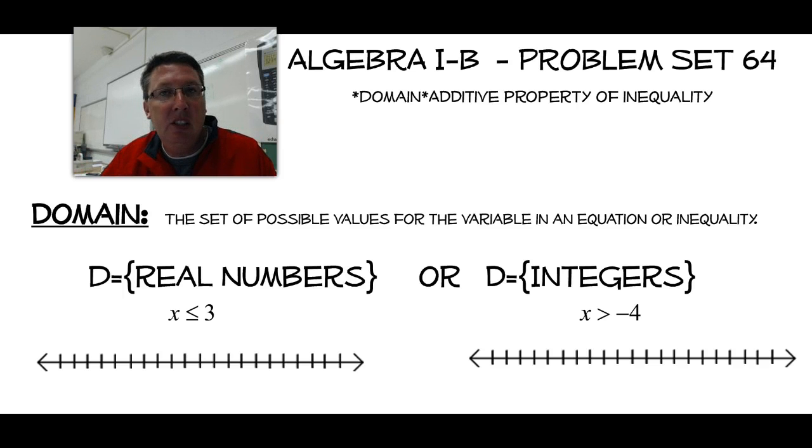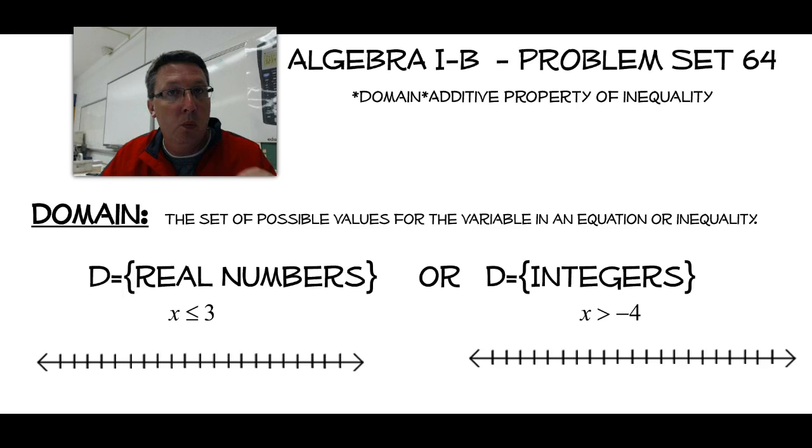Now remember, the integers have no decimals, no fractions, so it's just 0, 1, 2, 3, 4, 5, and the negatives, -1, -2, -3. So whenever we graph our solutions on the number line, sometimes we're going to shade the number line. That would be for the real numbers. And sometimes for the integers, we're just going to put dots on the integers themselves.